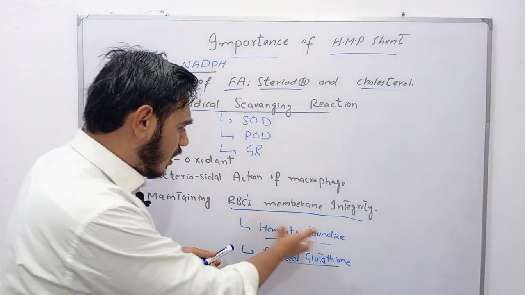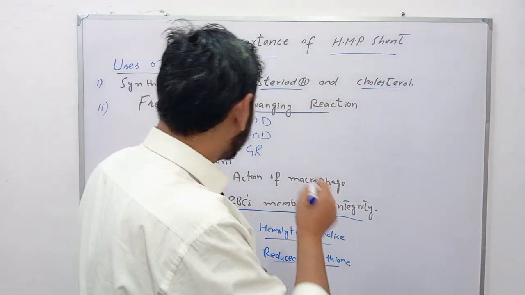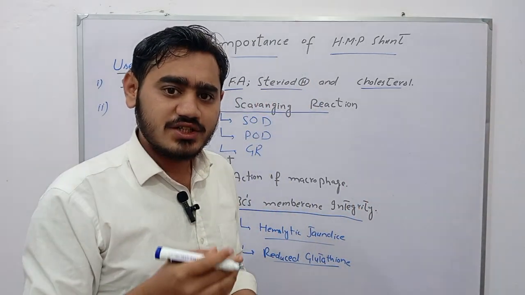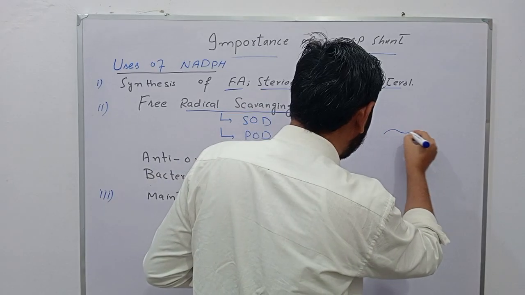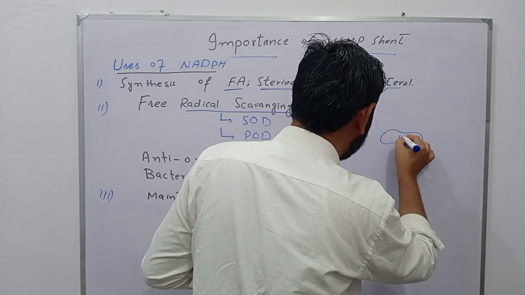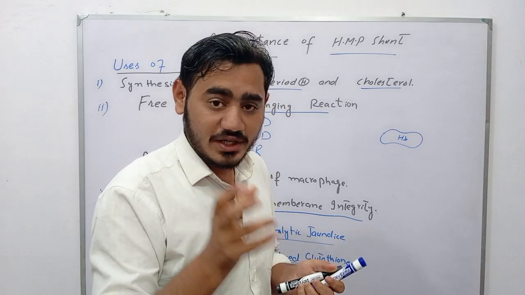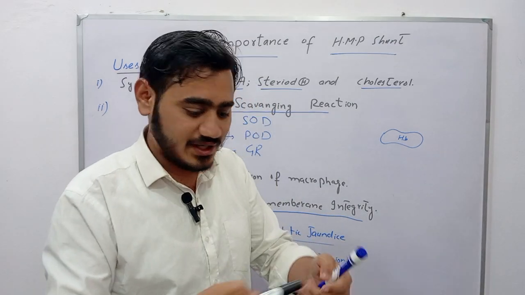In the absence of NADPH, how does this hemolytic jaundice occur? In our body there is continuous production of free radicals. This is the membrane of the RBC, and there is hemoglobin.